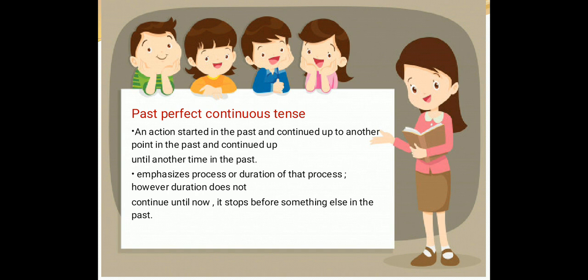It emphasizes process or duration of that process. However, duration doesn't continue till now. The past perfect continuous tense tells us how long, just like the present perfect continuous tense, but this time the action continues up to a point in the past rather than the present.